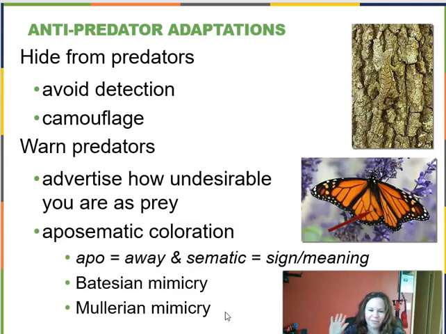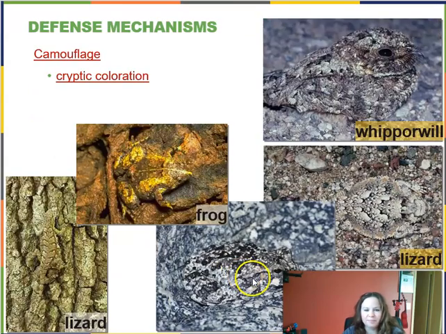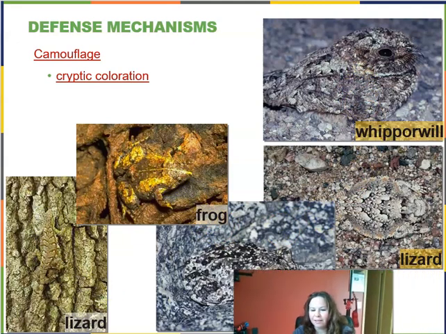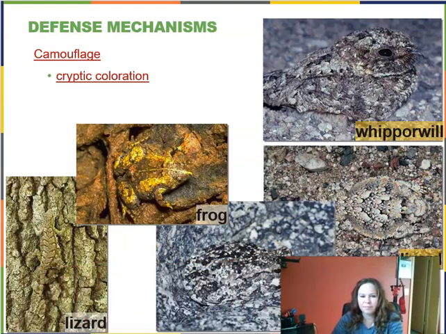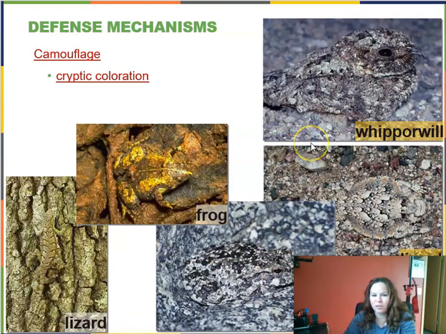So the sign for stay away, which include Batesian mimicry and Mullerian mimicry. So camouflage with cryptic coloration. There's the whippoorwill blending in very nicely. A frog here, the lizard there, a toad and another lizard in the pictures. This is cryptic coloration.